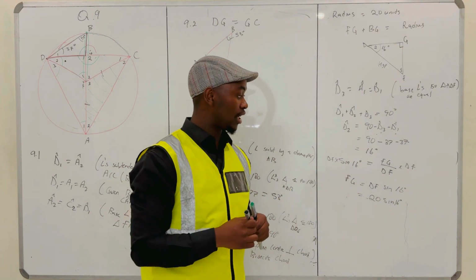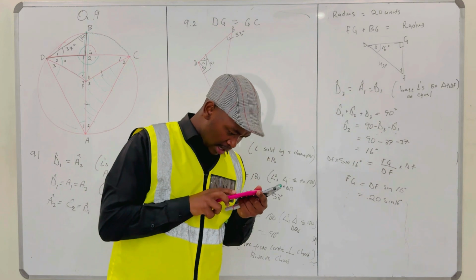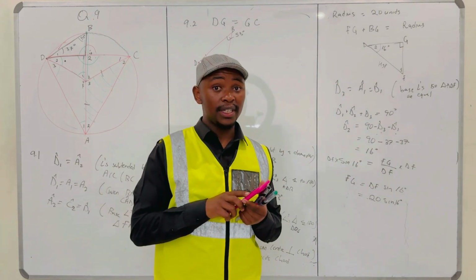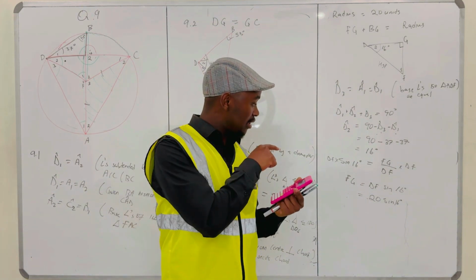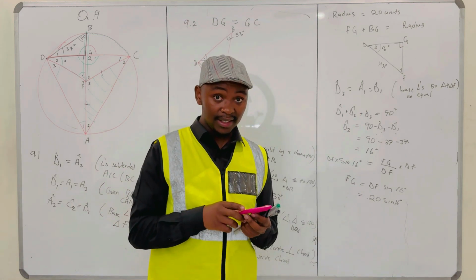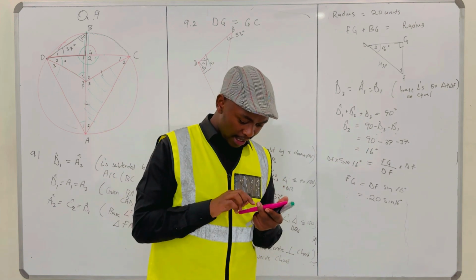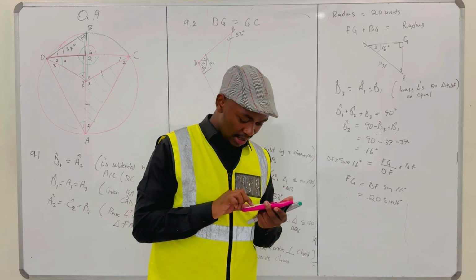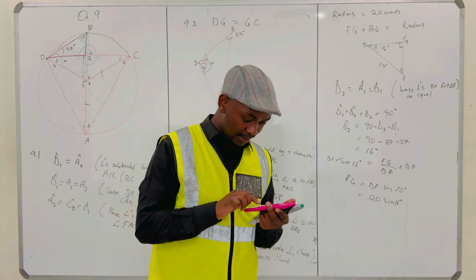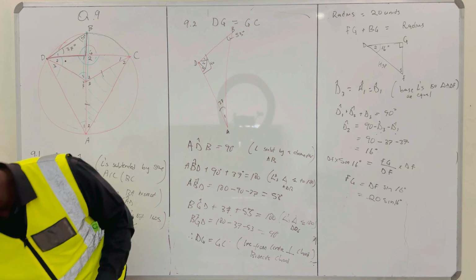These are numbers, so you can punch all of this in the calculator. Make sure, very important, that when you're about to substitute here, your calculator is in degrees, because we are using degrees here. So it's 20 multiplied by sine 16. That is going to be 5.51 units.